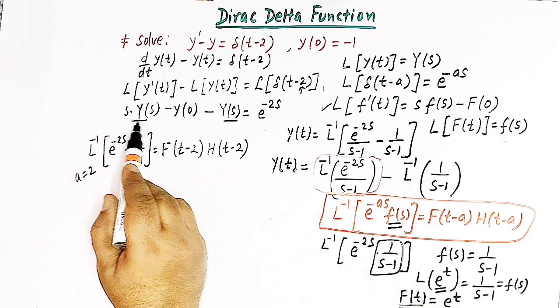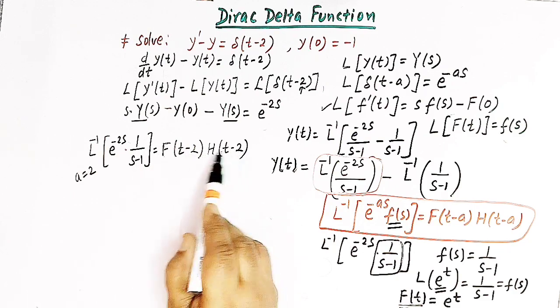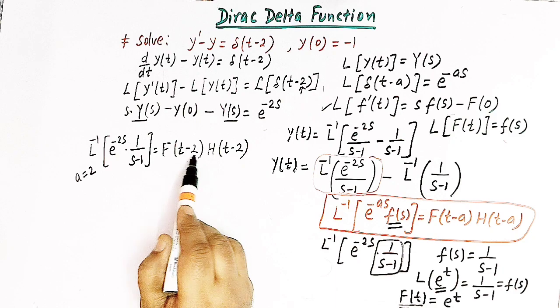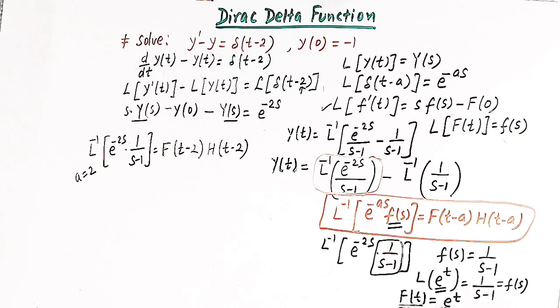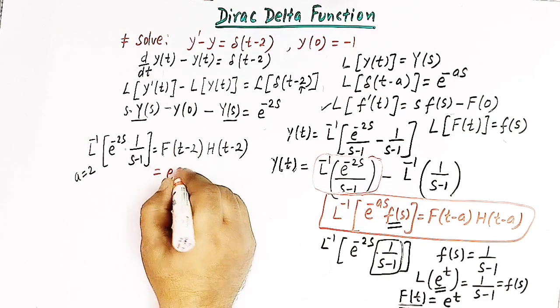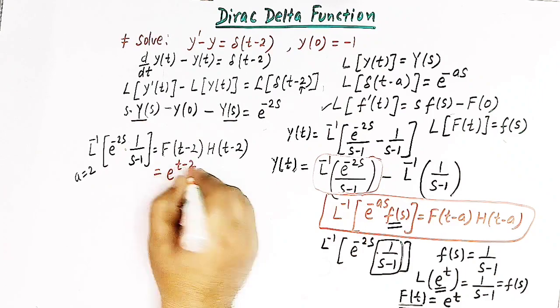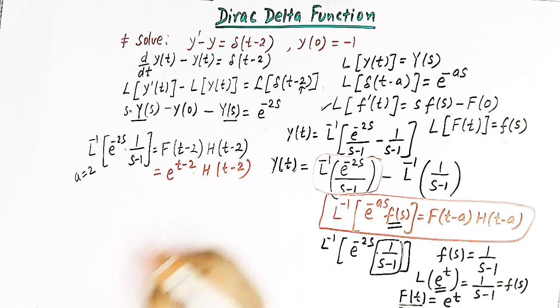So the value of this expression is given by the product of these two functions, f of t minus 2 times h of t minus 2, and f of t is e raised to t. So now we can write e raised to t minus 2 times h of t minus 2, right?